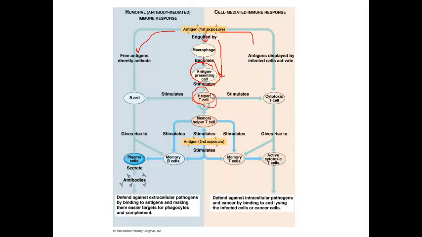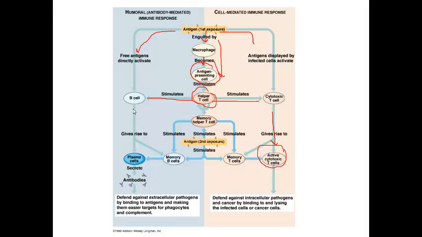Here you can see why we consider the helper T cell the core of the immune system. The helper T cell is going to stimulate the production of cytotoxic Ts, and it's going to stimulate the production of B cells. The cytotoxic T cells go out and kill any infected cells within the body.